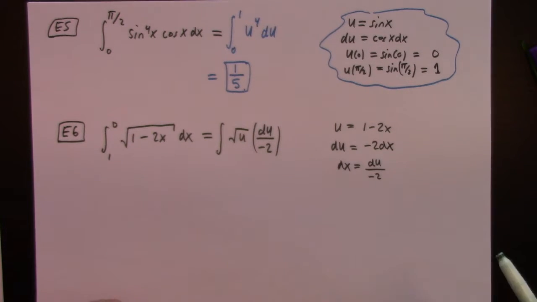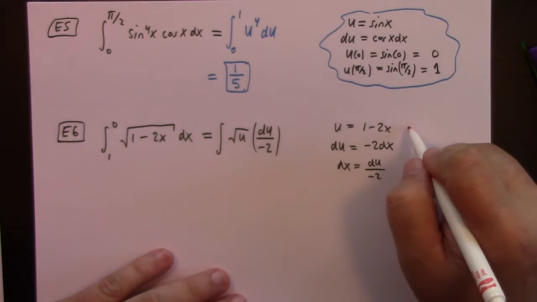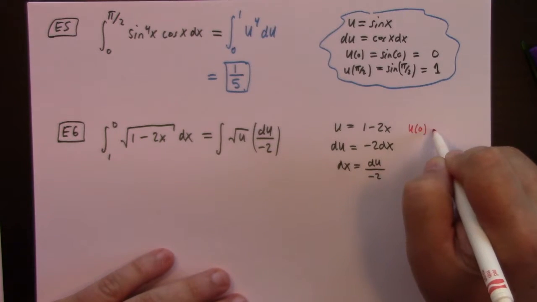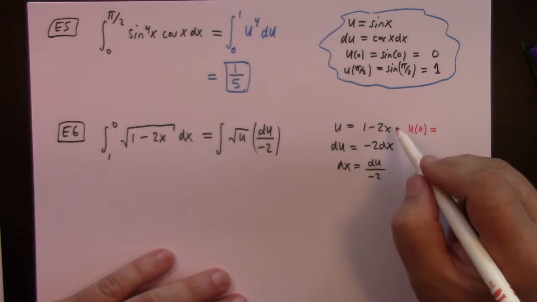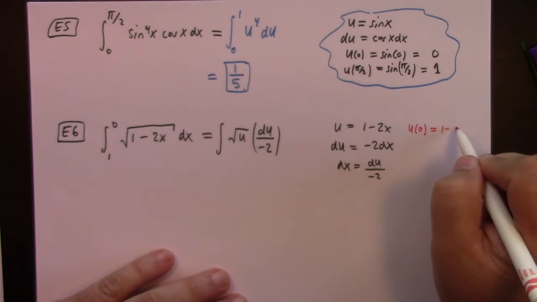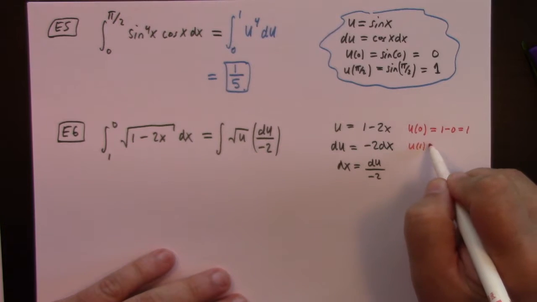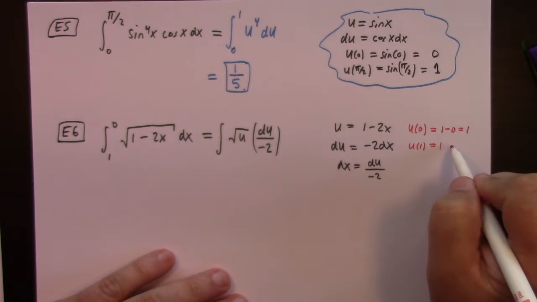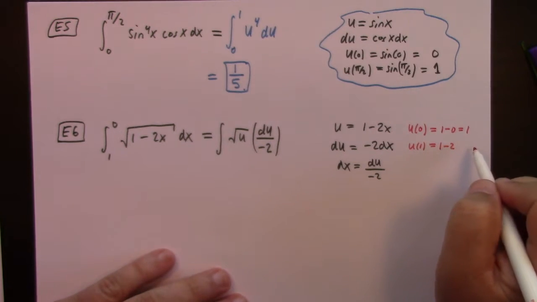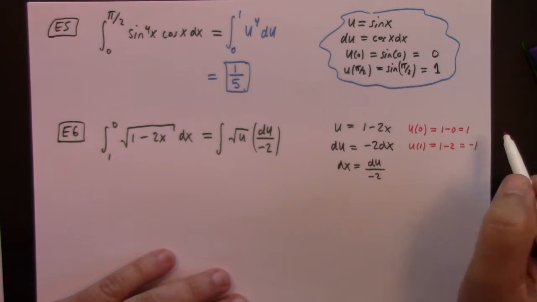But I've got to change the bounds too, right? So u of 0 is equal to 1 minus 2 times 0, so u of 0 is 1. u of 1 is what? It's 1 minus 2 times 1, which is 1 minus 2, which is minus 1.